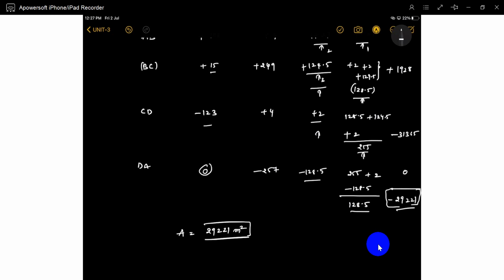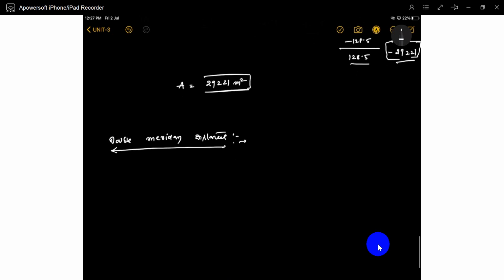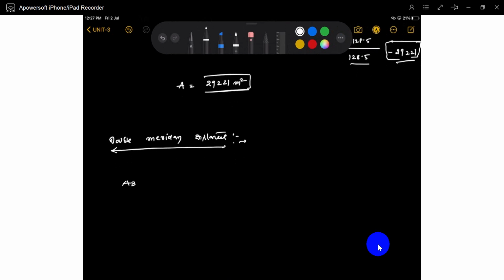Understood? So the same problem, if you do it with double meridian distance. Double meridian distance problem. Same, I will note the line. So the line AB: line, latitude, departure.